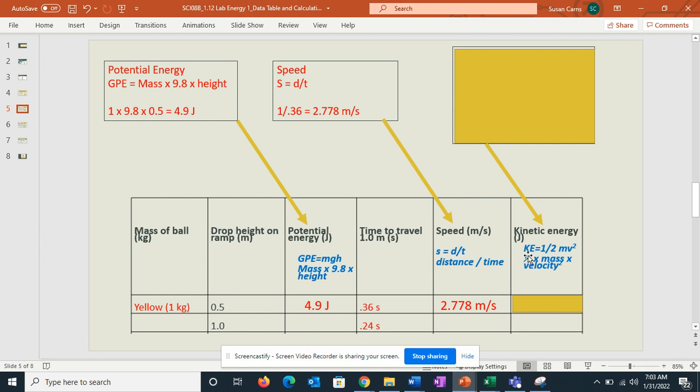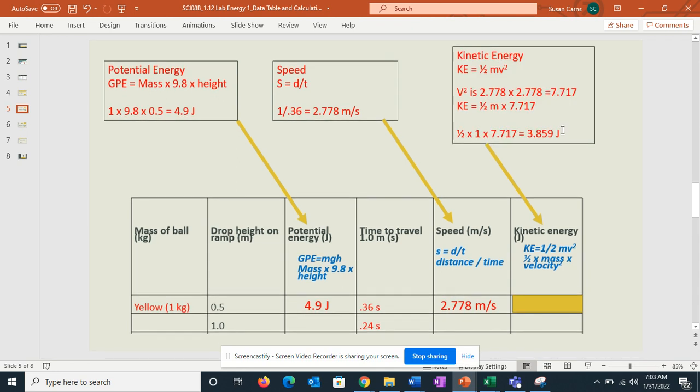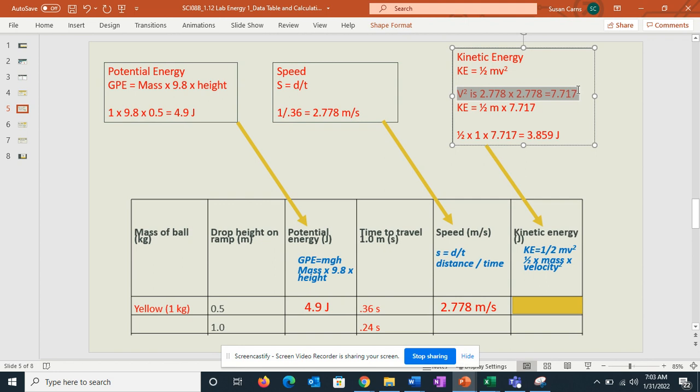All right, kinetic energy. The formula is KE equals 1/2 mass times velocity squared. So we're going to square the velocity first. And for our purposes, velocity is speed in this instance. So 2.778 times 2.778, that's how you calculate velocity squared.